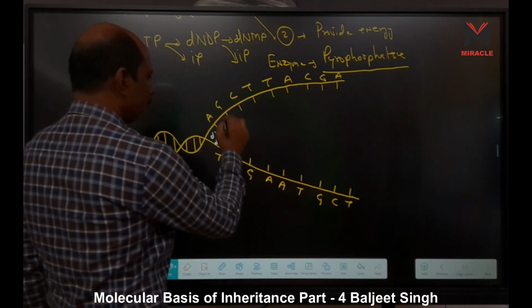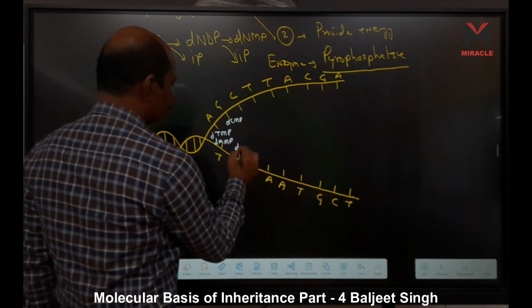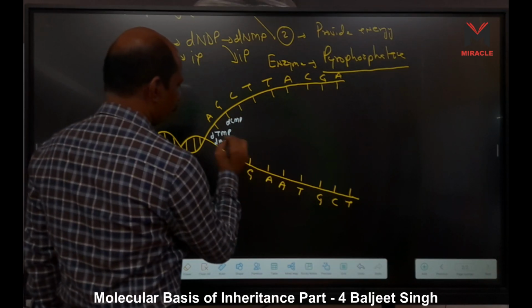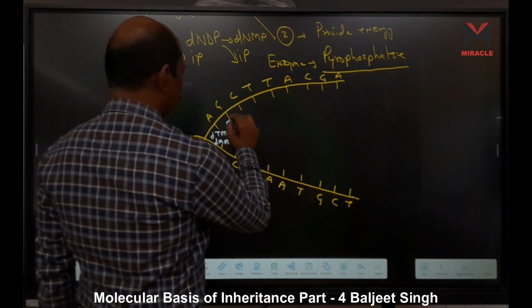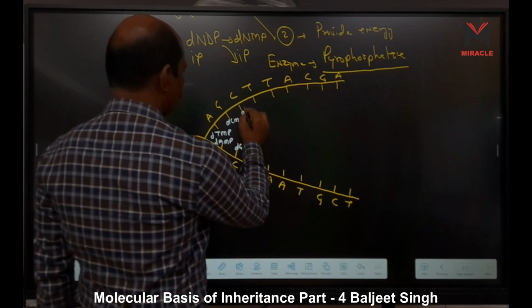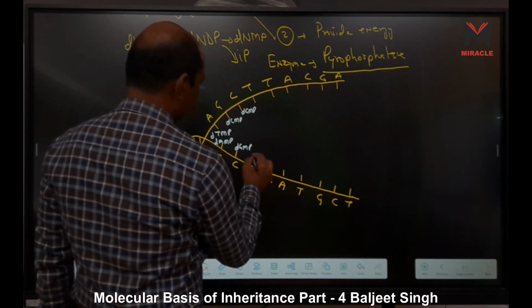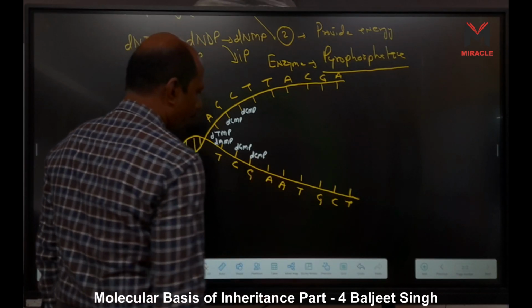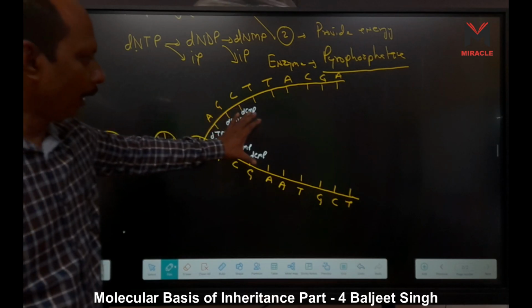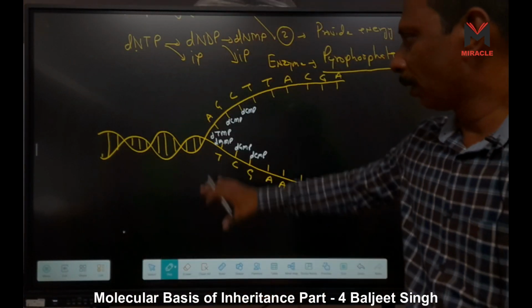This is the G. G means what here? Deoxycytidine monophosphate. Here deoxyguanosine monophosphate. That side T is there. It binds with deoxyadenosine monophosphate. It binds with deoxycytidine monophosphate. So in this way, the monophosphates are attached with them, but they do not form a bond in between them.